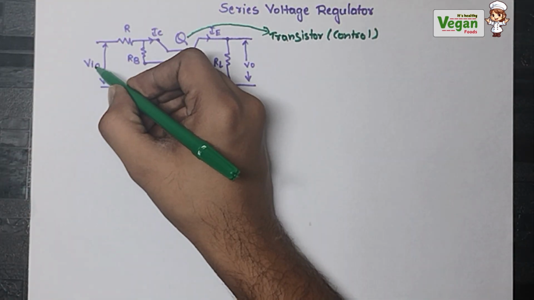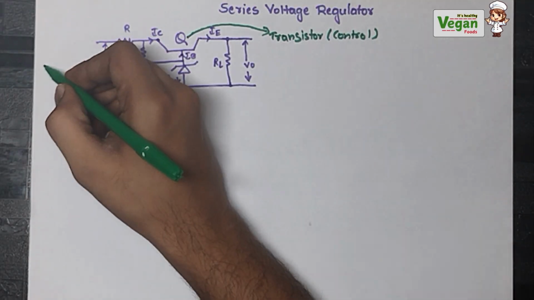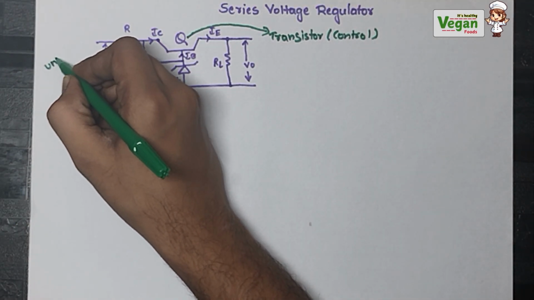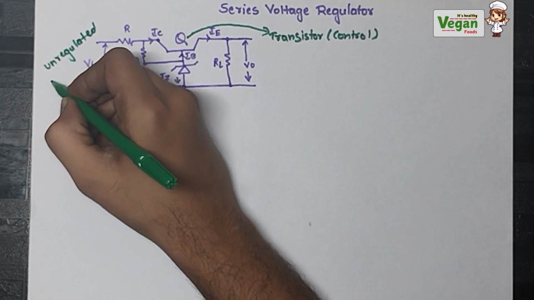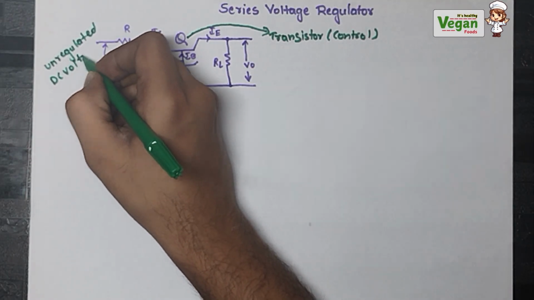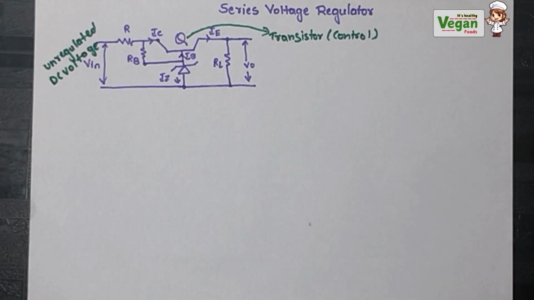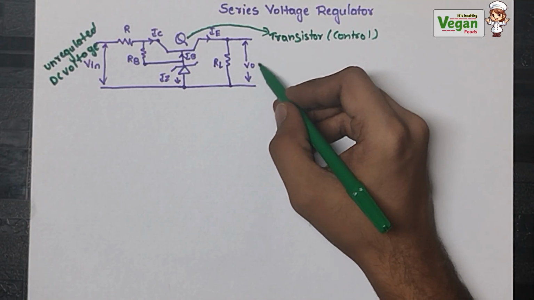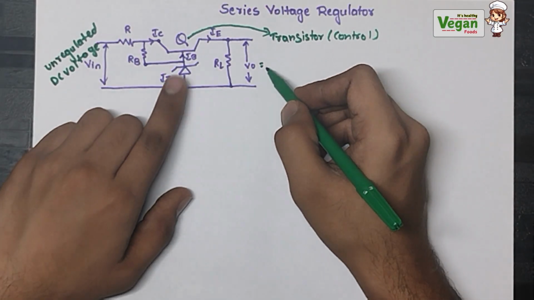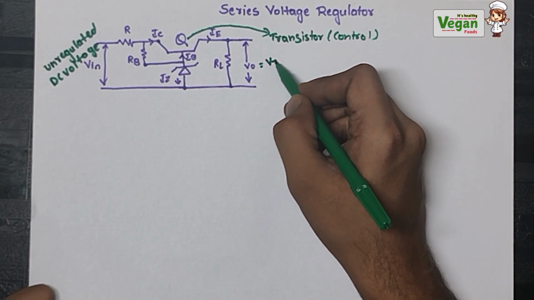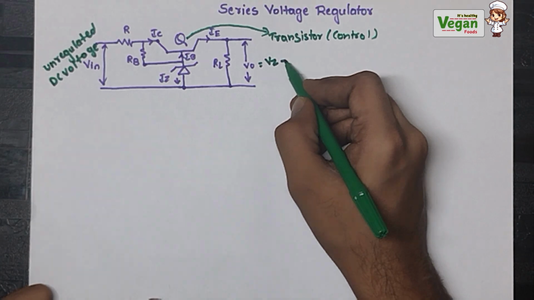Now at the input side, that is Vin, we are giving the unregulated DC voltage as the input voltage to the series voltage regulator. At the output side, we will get an output equal to Vz minus VBE. What is Vz? The voltage across the zener diode.